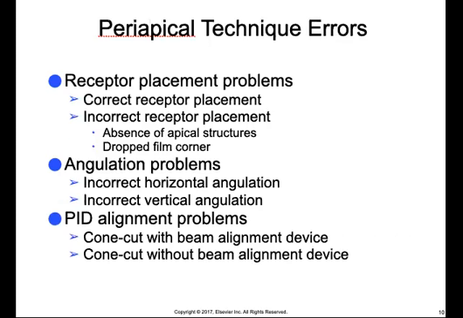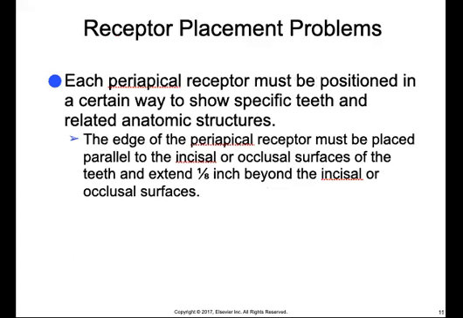So just as exposure errors may result in non-diagnostic images, errors in technique may also result in non-diagnostic images. Periapical technique errors include problems with the receptor placement, angulation, and beam alignment. Receptor placement problems: for a periapical image to be considered diagnostic, receptor placement must be correct.